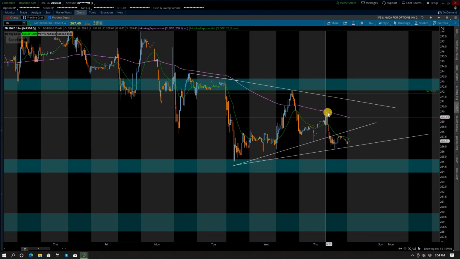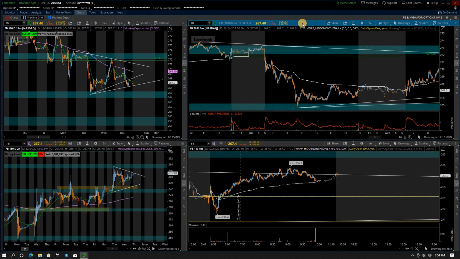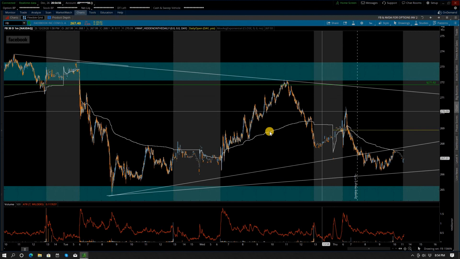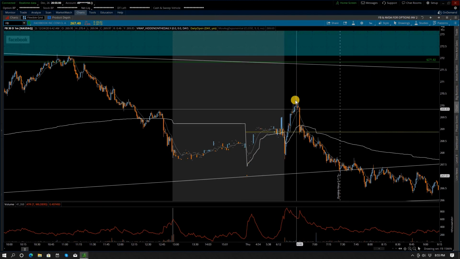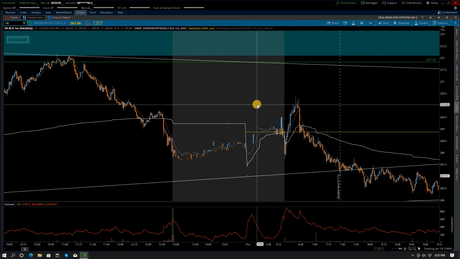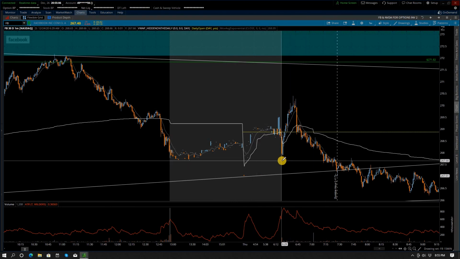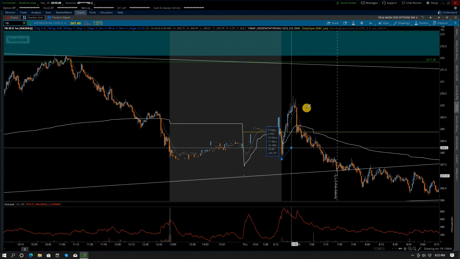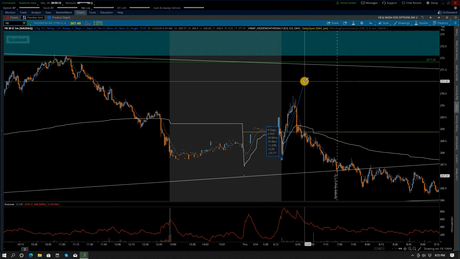As it pushed up, I was just waiting to see what happened right around the 200. And as you guys can see here, price pushed up, and like I said, I'm all about confirmation, so I like using trend lines, and I saw what I was looking for. I was looking for a trend line break right here.